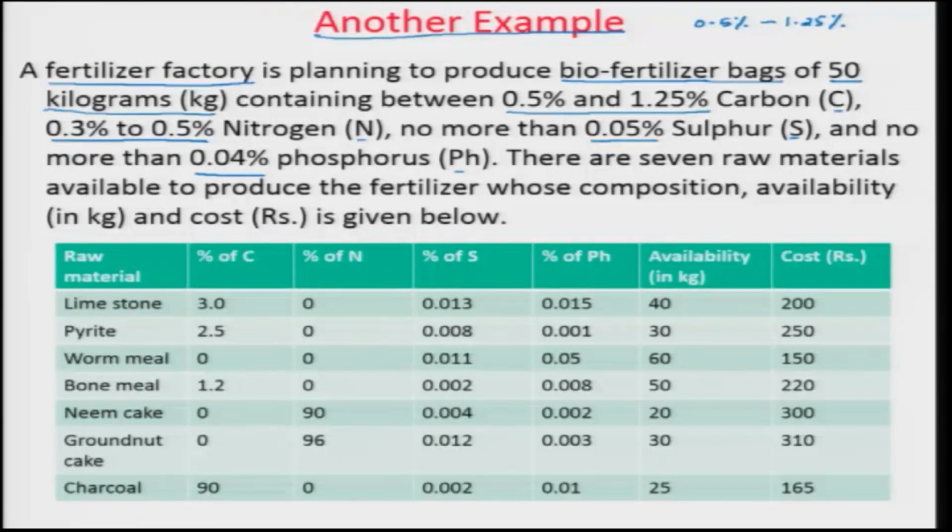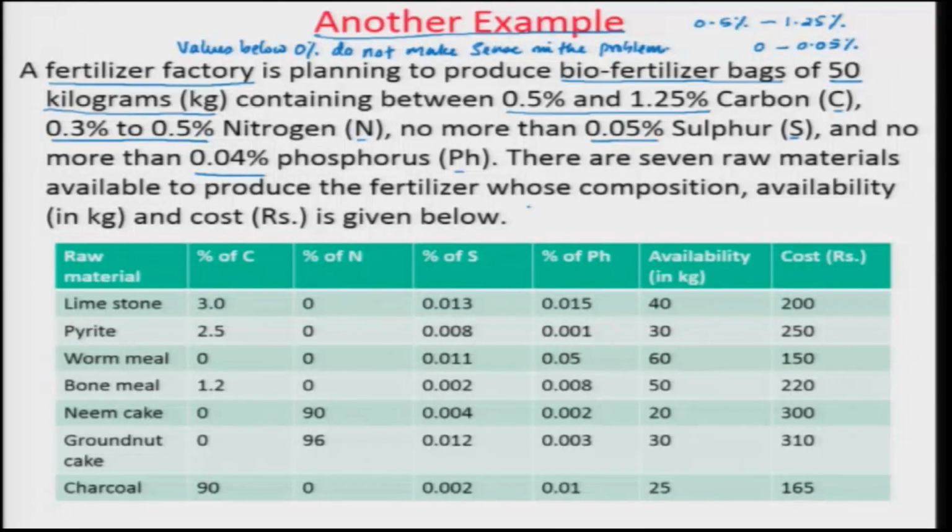When we say no more than 0.05%, that means it is 0 to 0.05%, because values below 0% do not make sense in this problem. So what we are saying here is, if we say 0%, that means sulfur is not at all present. 0 doesn't mean that it's present. 0 means absolutely the absence of one thing.